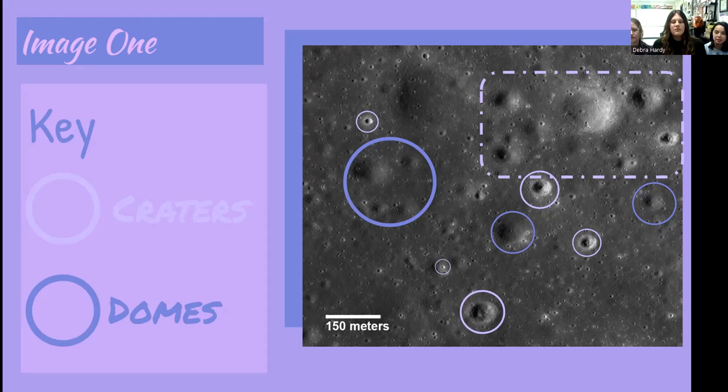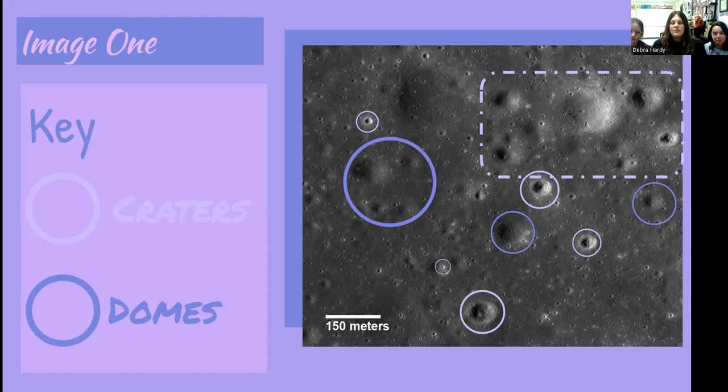Well, because the Highlands have more domes. Well, they have domes in them and craters. And Maria's flatter and has more impact than uprising elevation. Okay.